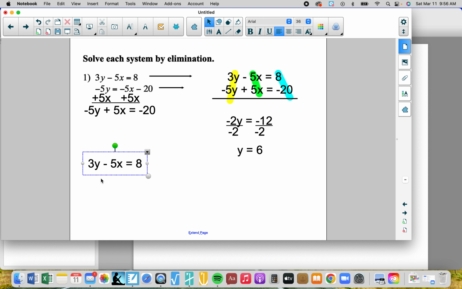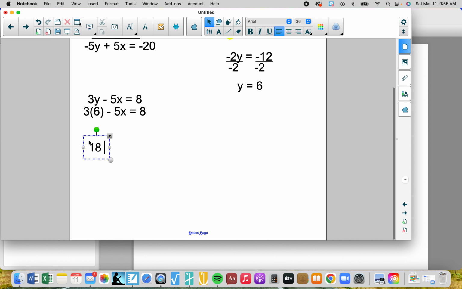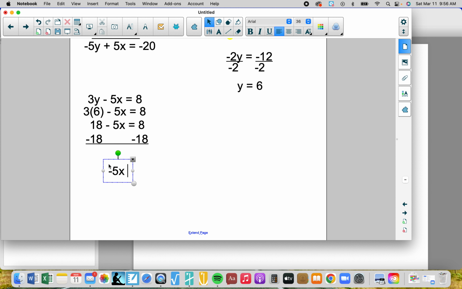I'm going to substitute my y in there, so it becomes 3 times 6 minus 5x equals 8. 3 times 6 is 18. 18 minus 5x equals 8. I'm going to subtract 18 from both sides. We get negative 5x equals negative 10.